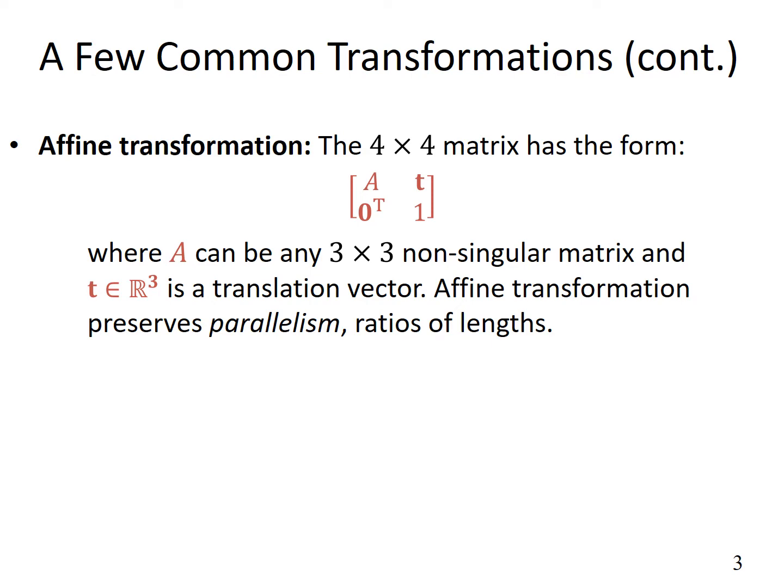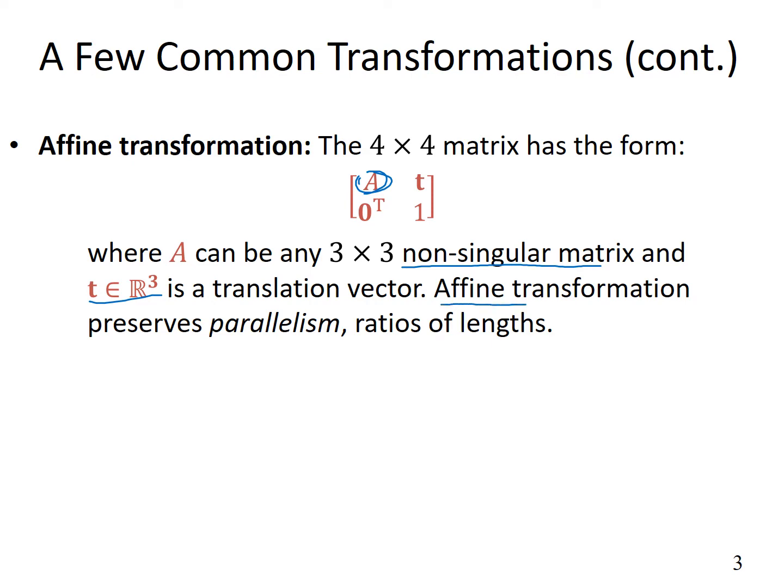Another type of transformation is the affine transformation, which is again a 4 by 4 matrix that has the form A, which is a 3 by 3 non-singular matrix. T is again a translation vector similar to before.